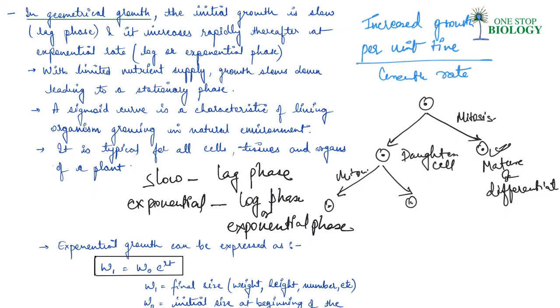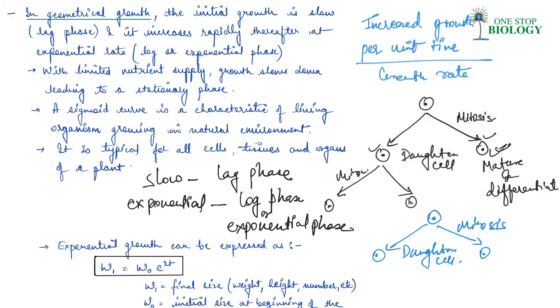Here, both the progeny cells, both the daughter cells, are what matter. Say there is one cell, and it divided into two daughter cells by mitosis. These are the daughter cells. Both the progeny cells following the mitotic cell division retain the ability to divide and continue to do so.